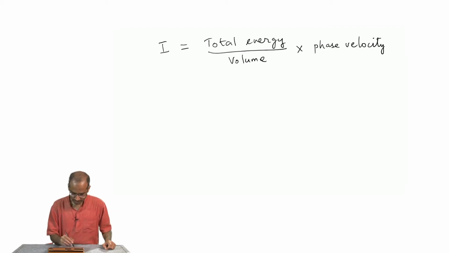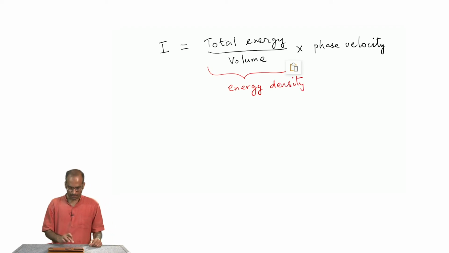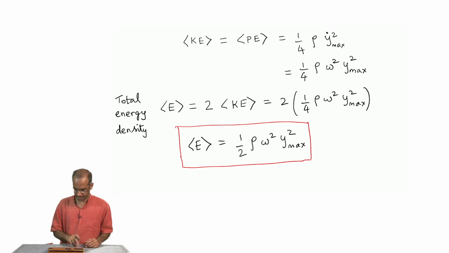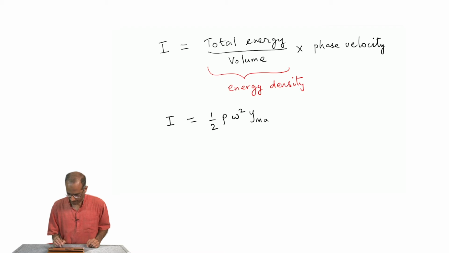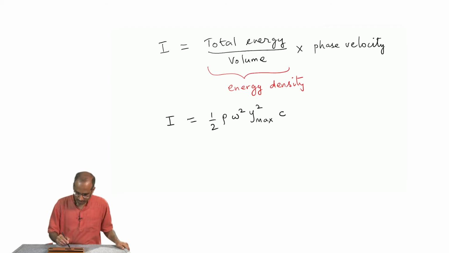And this quantity, let me remind you, is the energy density. What we have already computed here is the average total energy density. So, all I need to do is to simply substitute it here. So, I would have half rho omega square y max square multiplied by c, which is the phase velocity. This gives me an expression for the intensity.